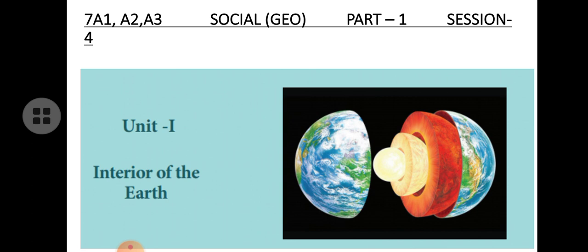If you take our solar system, our Earth is the most unique planet among all the other seven planets because our Earth is the living planet in which living beings reside.